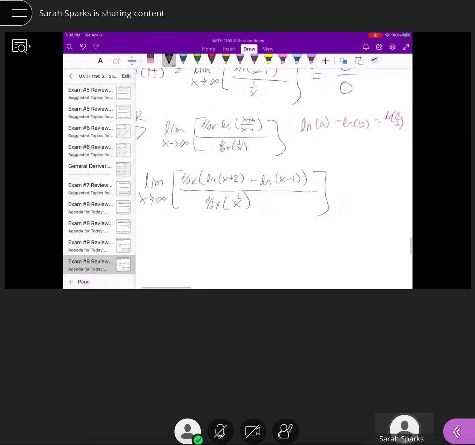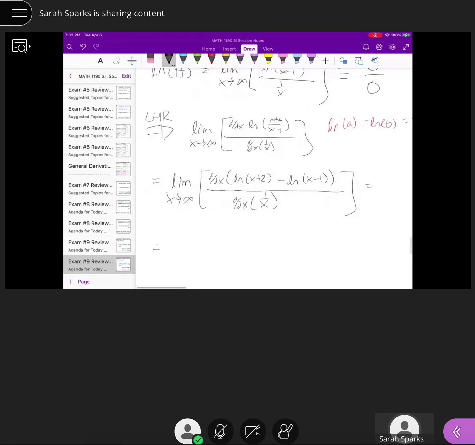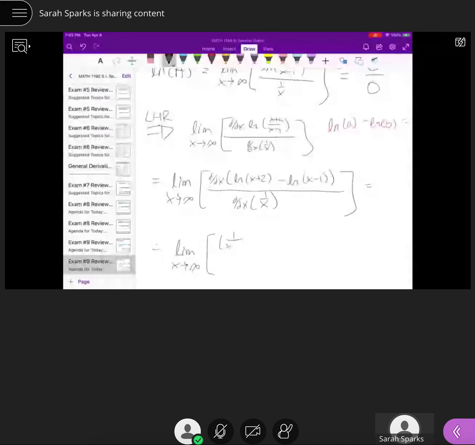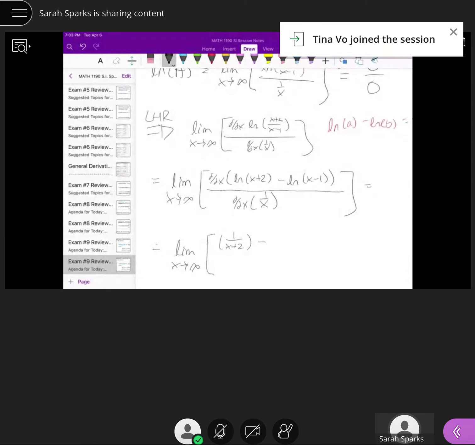All right, so taking the derivative of that top part, we know the derivative of a logarithm is always going to be 1 over whatever is on the inside, right? So for our first one, we get 1 over x plus 2 minus 1 over x minus 1.